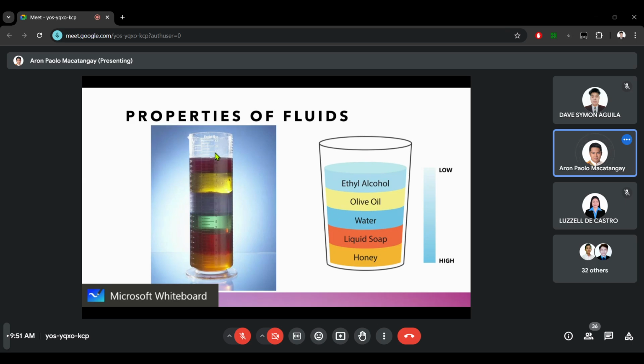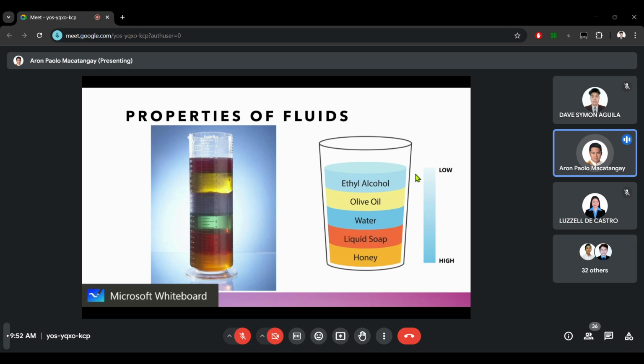Okay, and the order of these layers is dependent on gravity. Right, because high density fluids, which means high mass per unit volume, usually sink to the bottom, and low density fluids, meaning low mass per unit volume, float on the top.